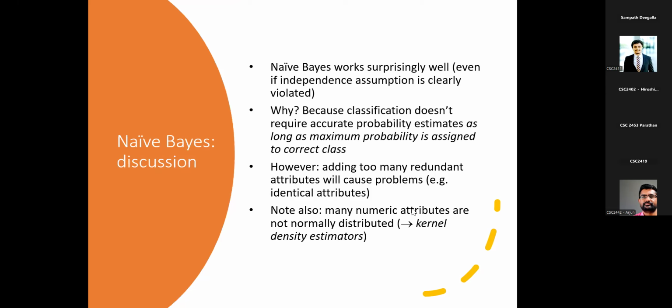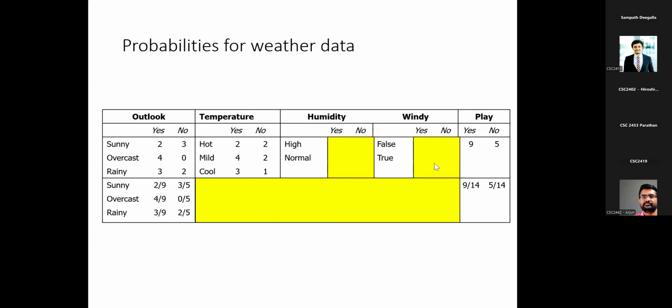Going back to naive-Bayes, we assume that everything is independent of each other, and I said it is violated in practice, but we are still getting accuracy. As long as we give the maximum probability to the correct class, we can get accurate classification. Now let me explain this with the data set. I hope you remember our weather data set.